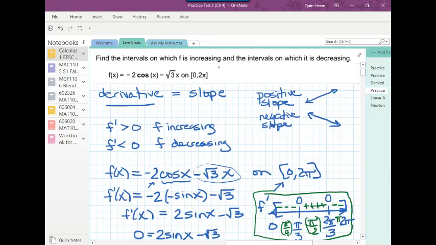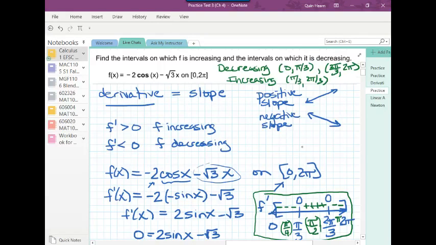So this function is decreasing on two intervals: the interval from 0 to pi over 3, and the interval from 2 pi over 3 to 2 pi. And then it's increasing on the interval from pi over 3 to 2 pi over 3.